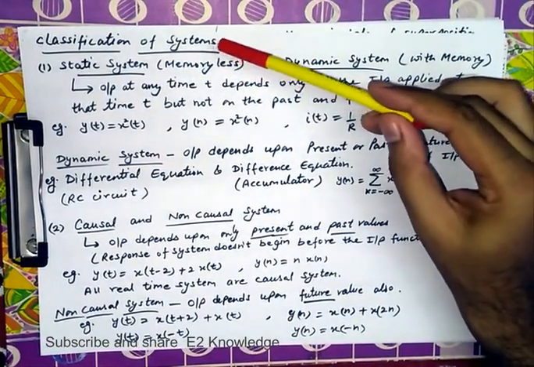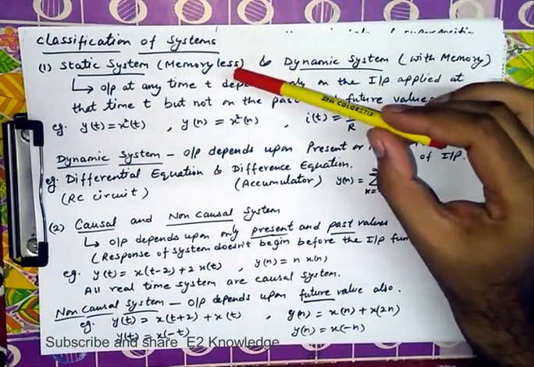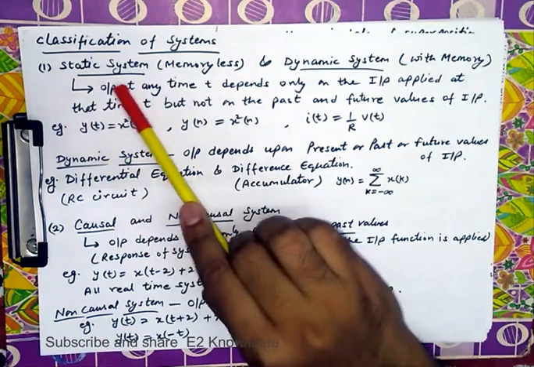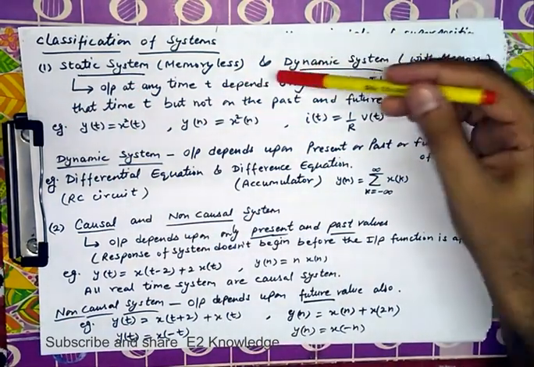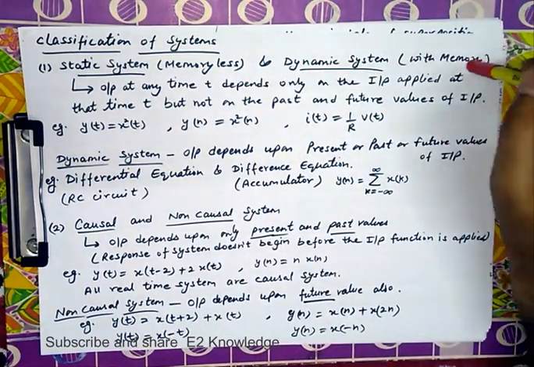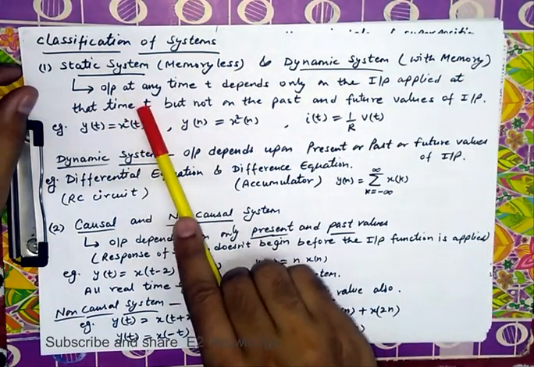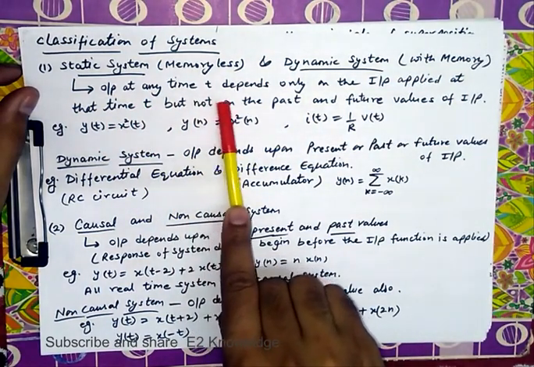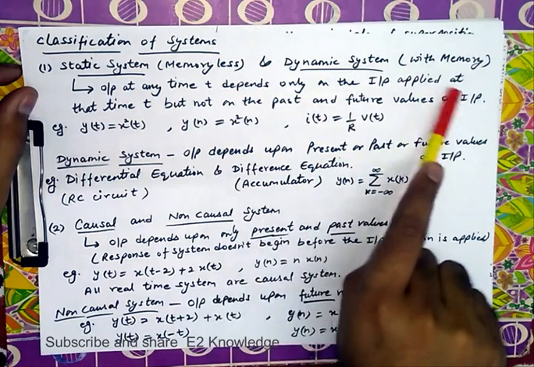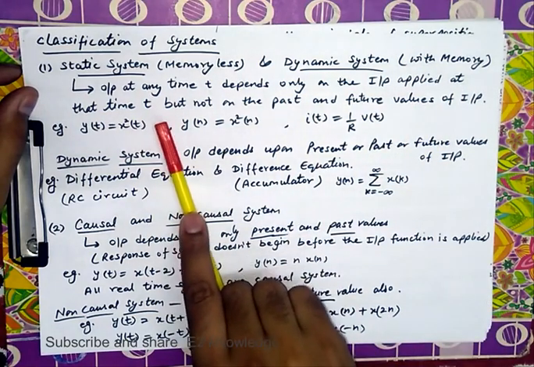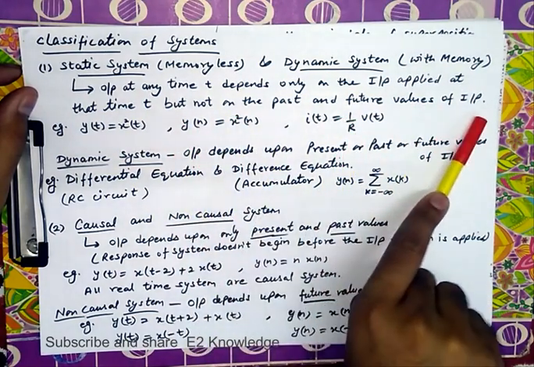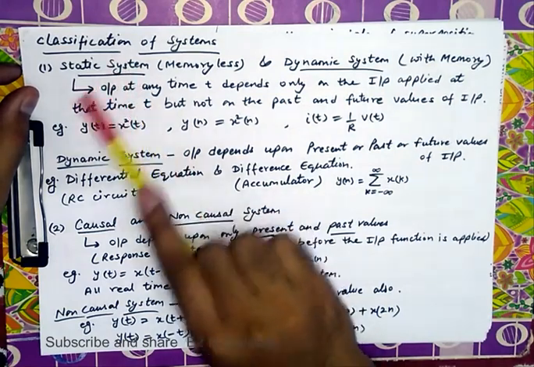Further, we can classify the systems such as static system, which is memoryless, and dynamic system, which has memory. If the output at any instant of time t depends only on the input applied at that time t, but not on the past and future values of input, then it is known as a static system.